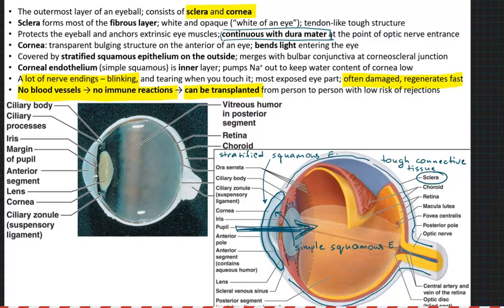Another clinically relevant thing here is corneal scarring. Does anyone here wear contact lenses? Do you just pop them in and go with them for 2 weeks? You shouldn't.